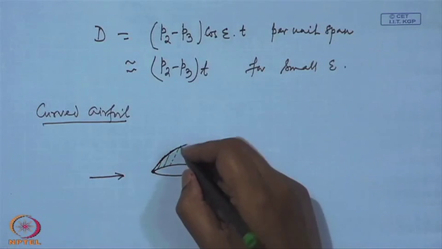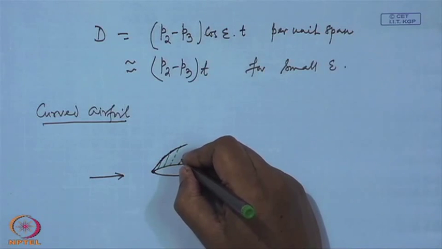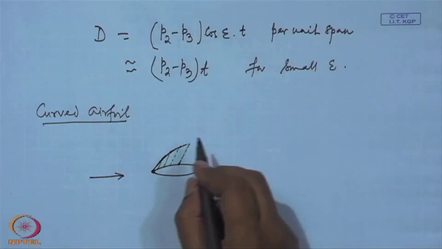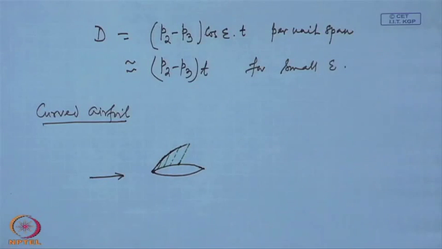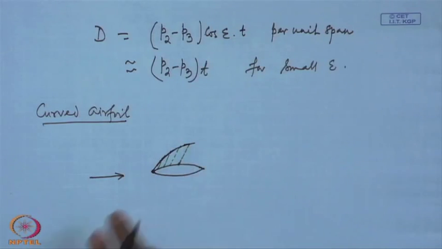At each interaction the shock strength will decrease, and due to this attenuation the wave angle will also change, and the shock will continuously bend.